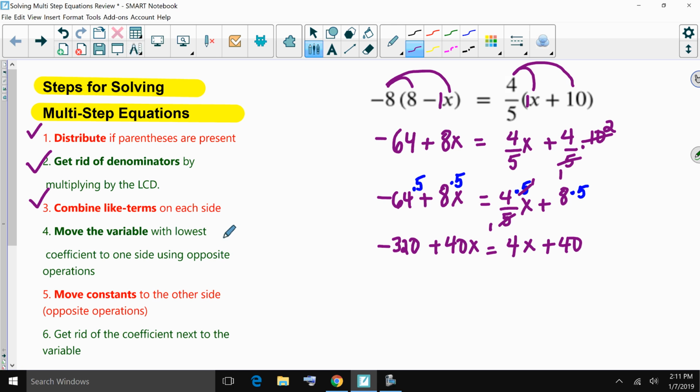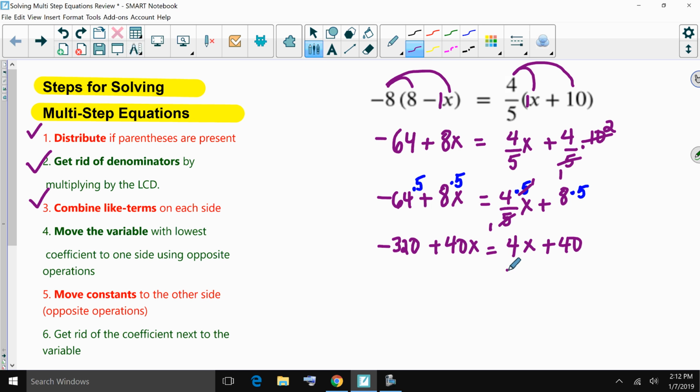I'm going to move a variable with the lowest coefficient to one side using opposite operations. So the lowest coefficient for the x is this one, the 4. So I'm going to get rid of this one. And in that way, my x's are going to be on the left side only. So I'm going to do negative 4x. Here I made a tiny mistake, so I'm going to erase it.